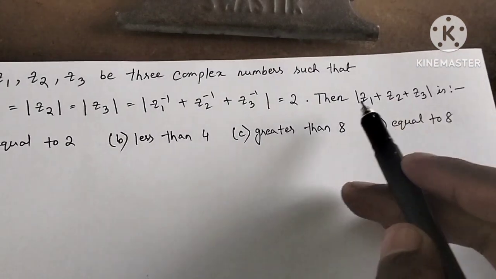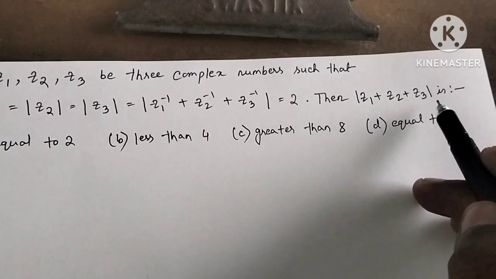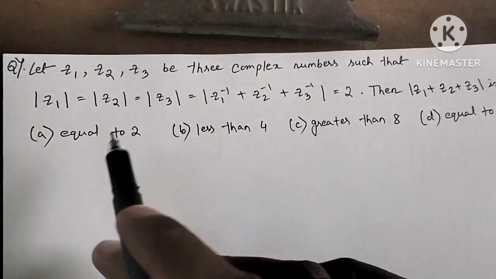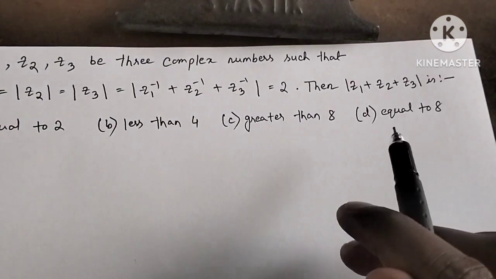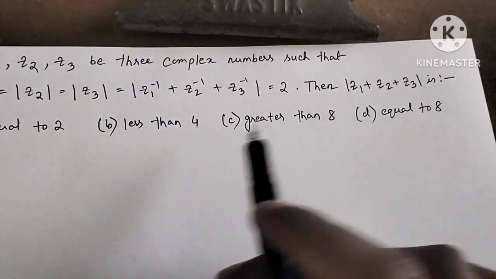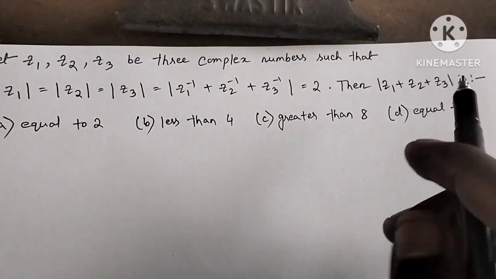Then mod of z1 plus z2 plus z3 is equal to 2, less than 4, greater than 8, or equal to 8. Only one option is correct, and we have to find which one.